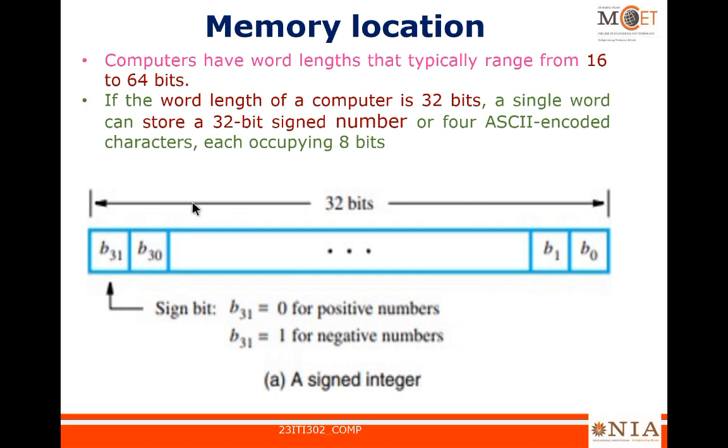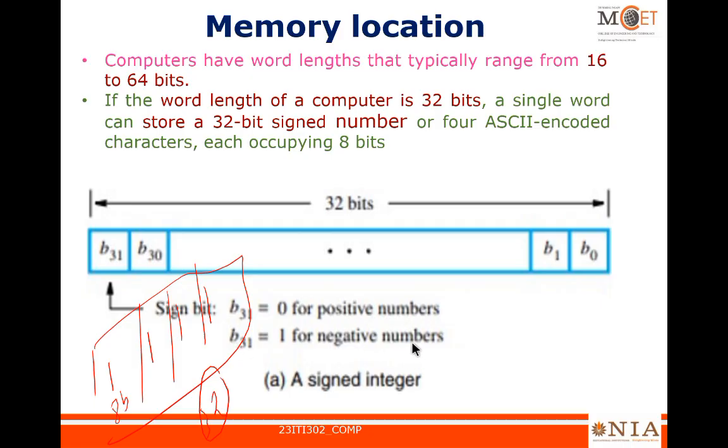If one byte carries 8 bits, then 4 bytes, 4 into 8, gives a value of 32. So 32 bits gives us a memory location of around 4 bytes.